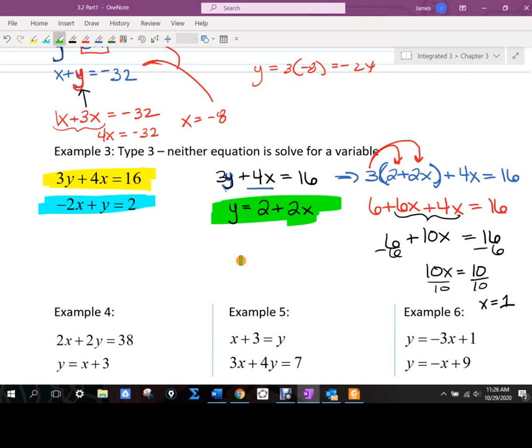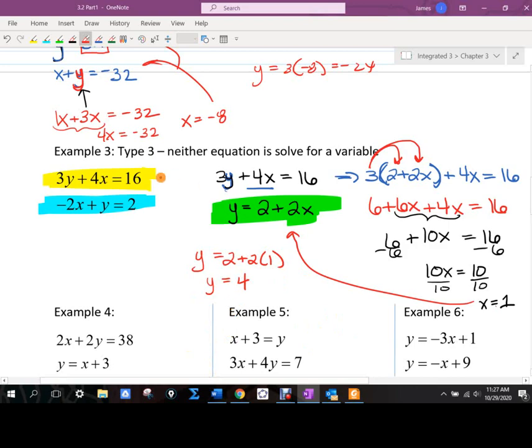Yellow, blue, or green? I would think the green would be the most logical because y is already set up for, right? If I plug that x back in here, I'm going to have y equals 2 plus 2 times x. And then all I have to do is evaluate that, and I get 4, right?